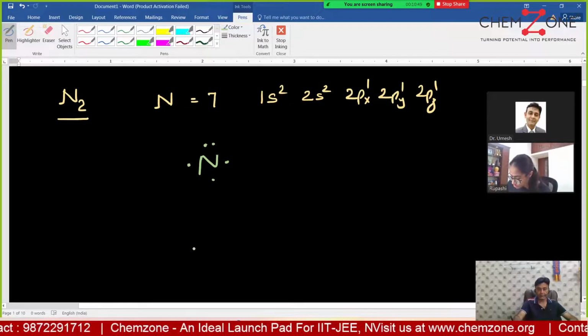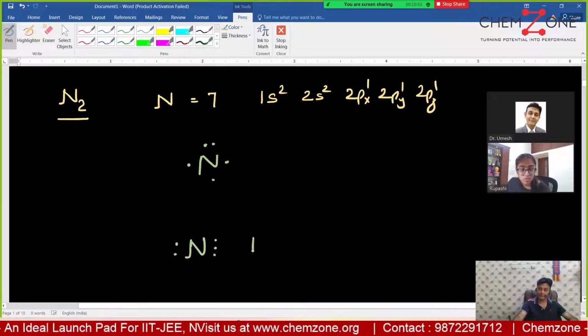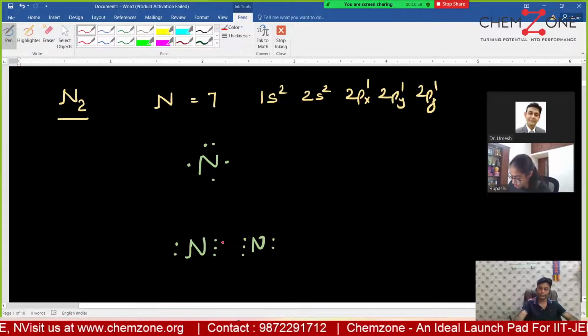But in case of nitrogen, I will show like this. See here, they are going to make a triple covalent bond.